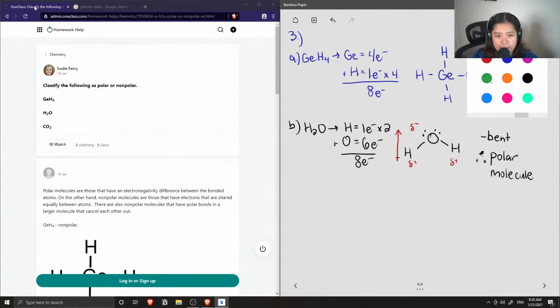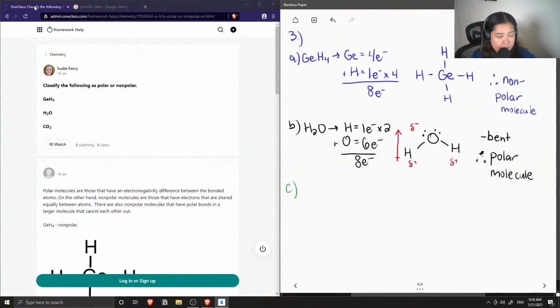So now let's do our last molecule, which is carbon dioxide. Carbon has 4 valence electrons. Oxygen has 6, and we have 2 oxygens. So 12 plus 4 is 16 electrons in total. Now we'll show our carbon in the middle as our central atom.